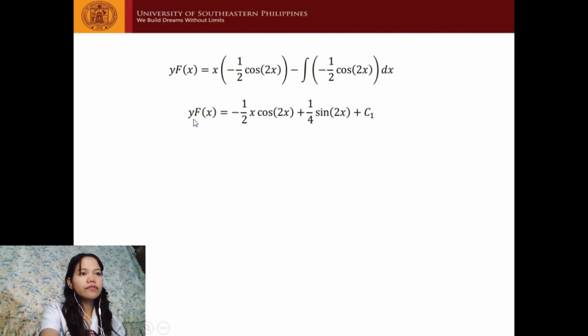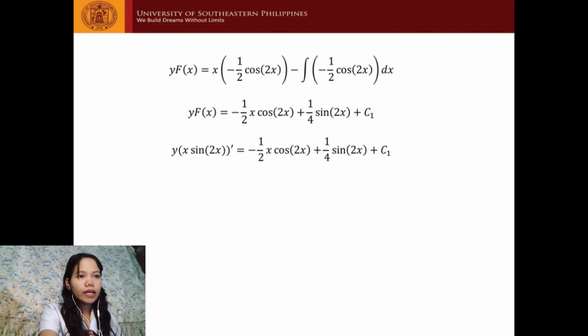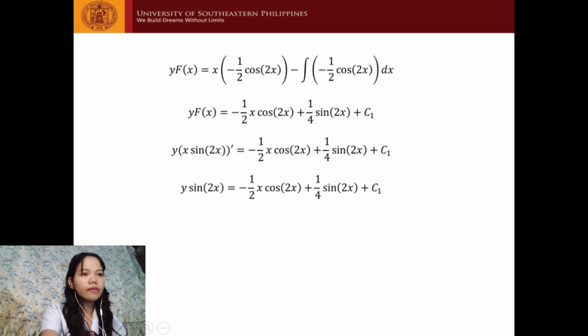So what we have written is y sine 2x equals negative 1/2 x cosine of 2x plus 1/4 sine of 2x plus the constant. So what we have right now is y sine 2x equals negative 1/2 multiplied to x multiplied to the cosine of 2x plus 1/4 multiplied to the sine of 2x plus the constant.